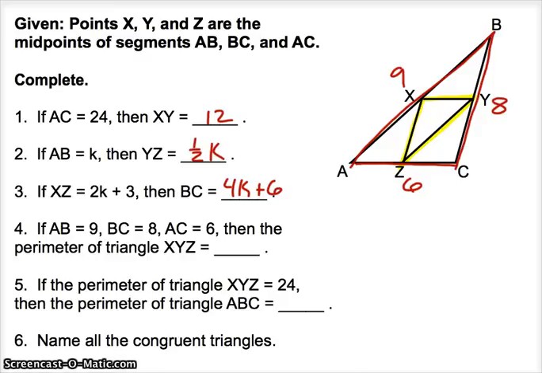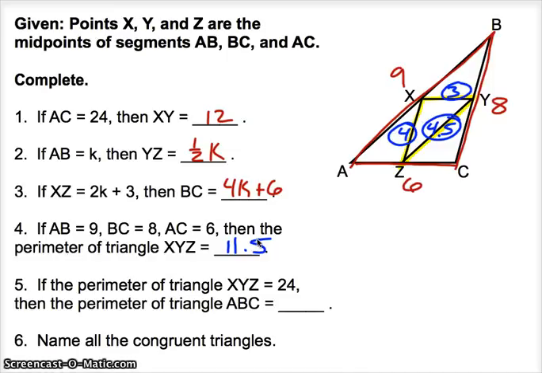So if BC is 8, XZ is 4. And likewise, all the other segments of the highlighted triangle on the inside are half of the outside lengths. So XY should be 3, and ZY should end up being 4.5. And if we're looking for the perimeter, I just need to add those values together. So add 4, 3, and 4.5 together, and what would you get? 11.5.